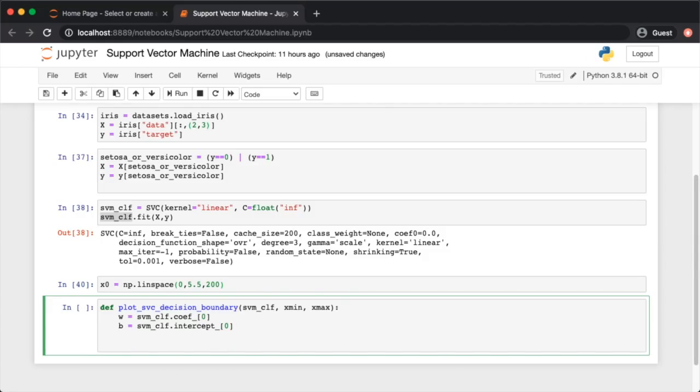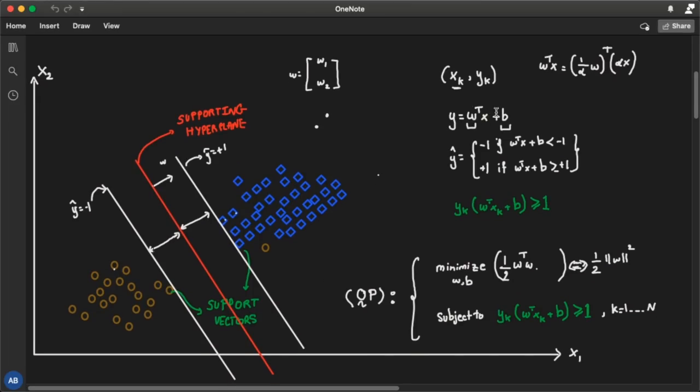Now, at the decision boundary, I'm going to have to plot the W transpose X plus B. Since I'm dealing here with 2 features, X is X1, X2, and W is W1, W2.